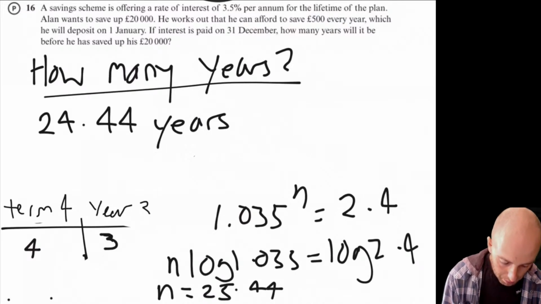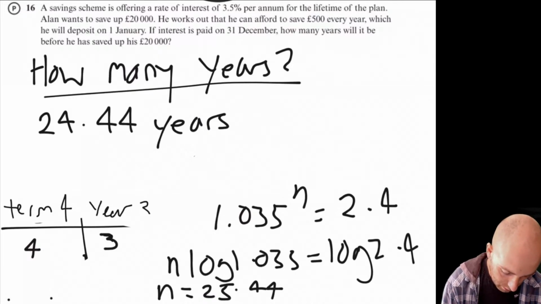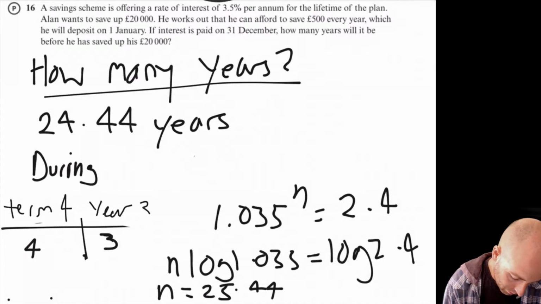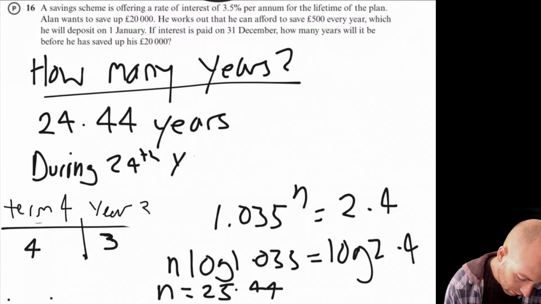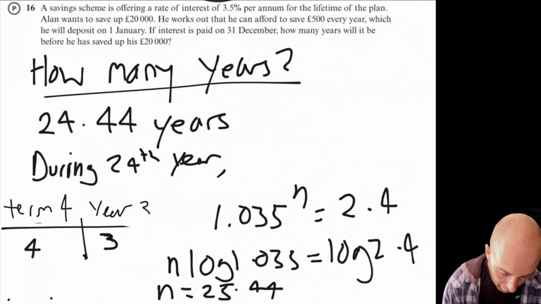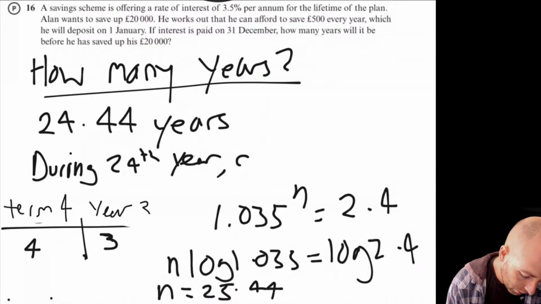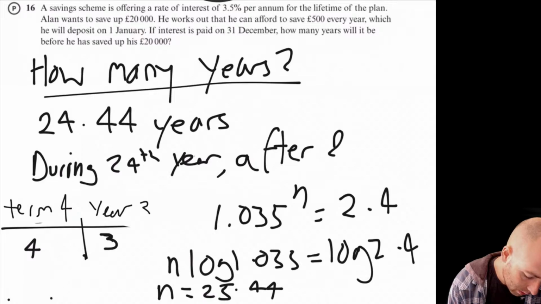So how many years will it be before he's saved up his 20,000? So I'm going to say it's during the 24th year, or if you like, after 25 full years.